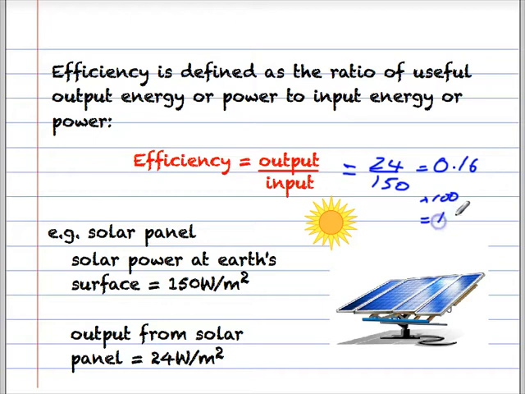So times that by 100 and we have 16% efficient. So solar panels are around about 16% efficient, which means 84% of the solar energy hitting the solar panels is wasted as heat. This doesn't sound very efficient, but don't forget the sun's energy is actually free.